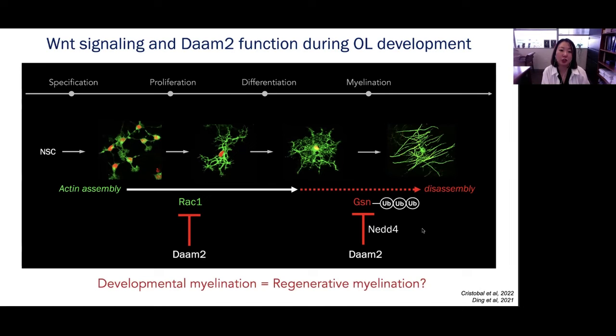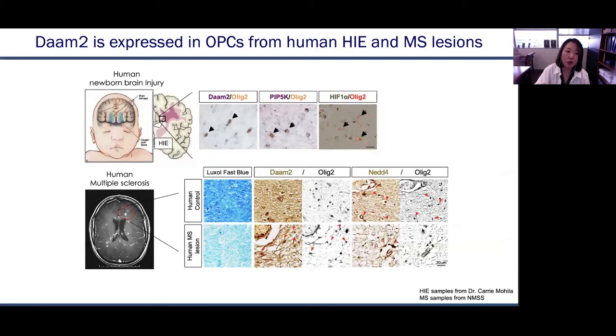But we are also interested in how this developmental observation is relevant to human disease, and how these pathways are involved in human disease. So as a starting point, we first look at gene expression in human disease. As I mentioned, in humans, different age groups have different diseases.